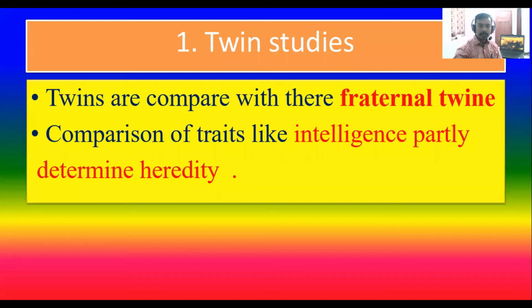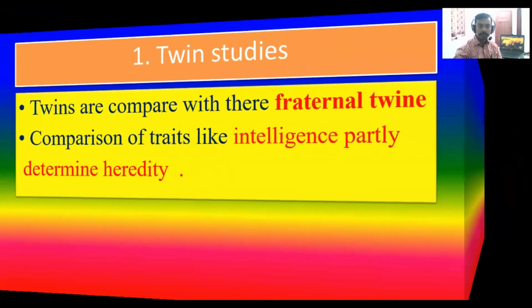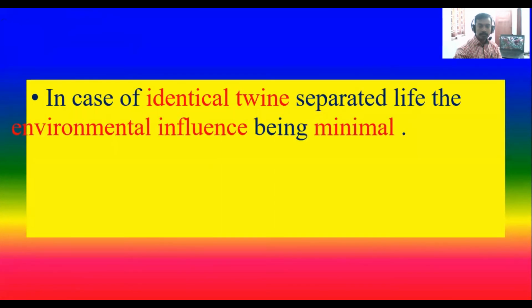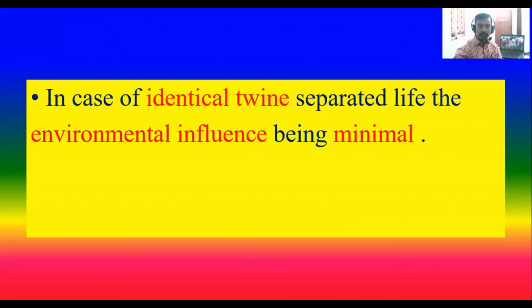Intelligence is partially determined by heredity. In the case of identical twins living separated lives, environmental influence is minimal.